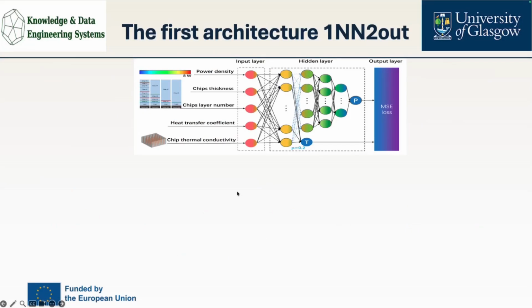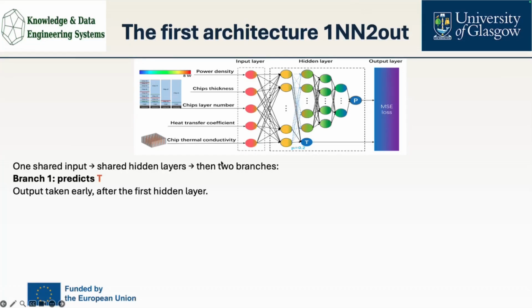As we can see, every combination can be one input for the neural network. And for one neural network and two outputs, as we can see here, the first branch will be the temperature. It will finish its training after the first hidden layer, because we don't need to make this go deeper; it's very simple and can be predicted by one layer.